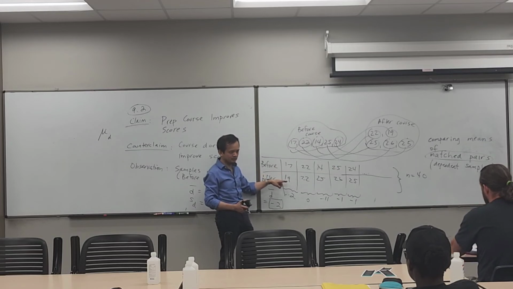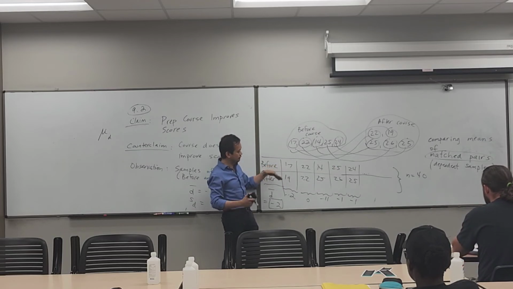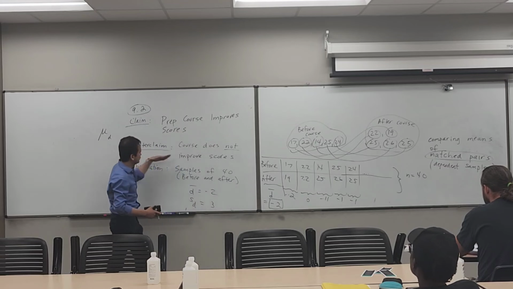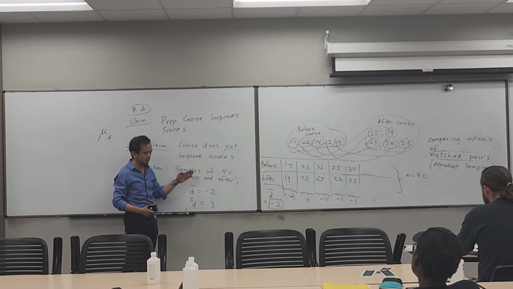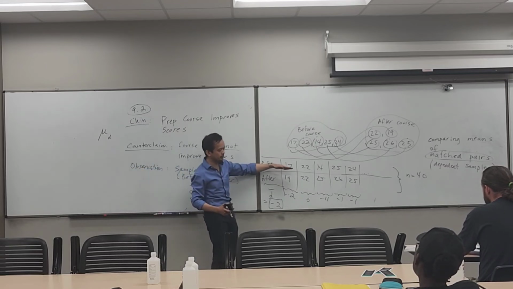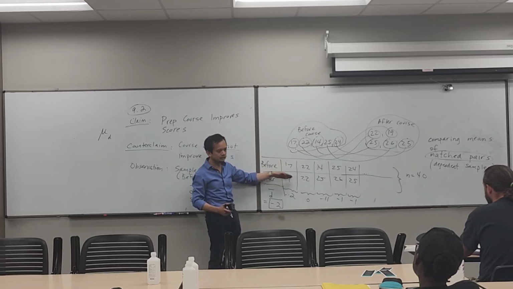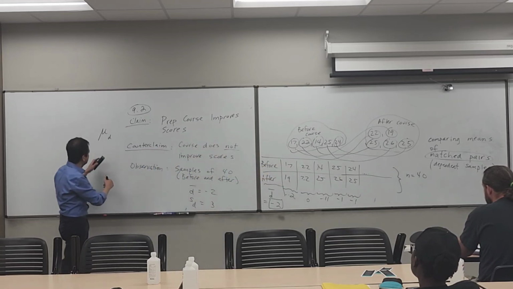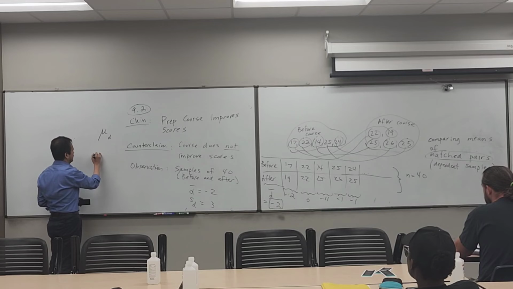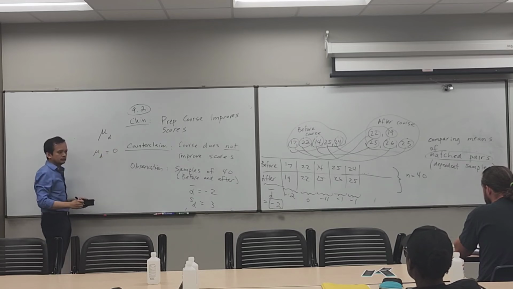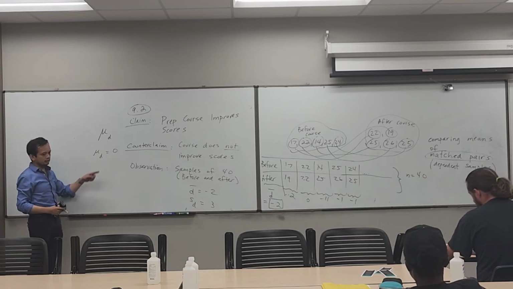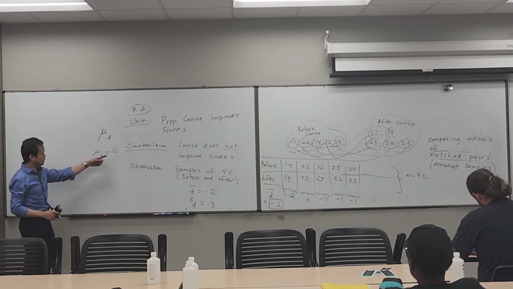Okay, so let's do the counterclaim first. The course does not improve scores. That means that there's no difference between the before and the after, right? So if it doesn't improve scores, the average difference is going to equal 0.